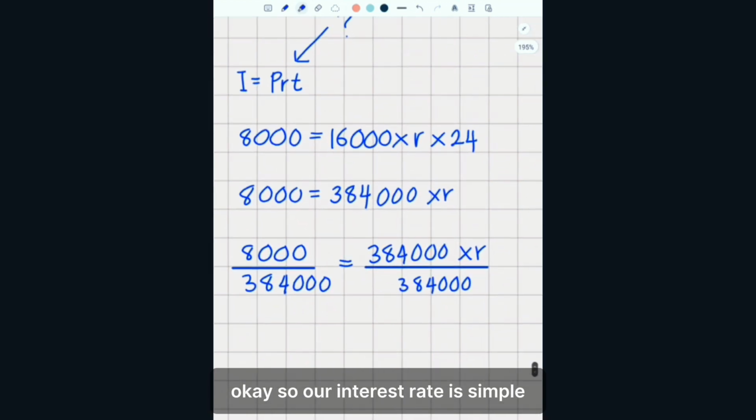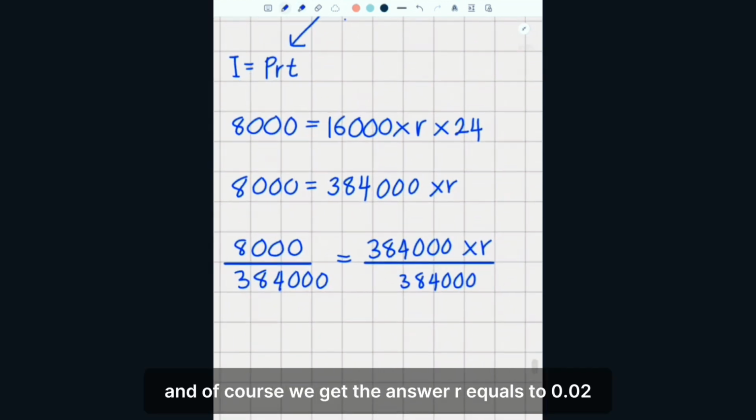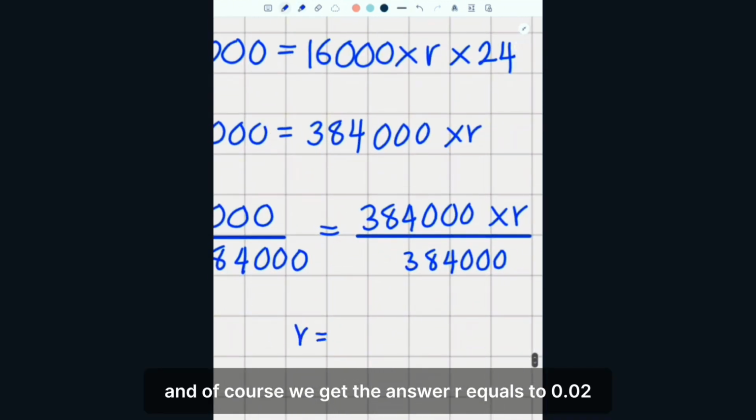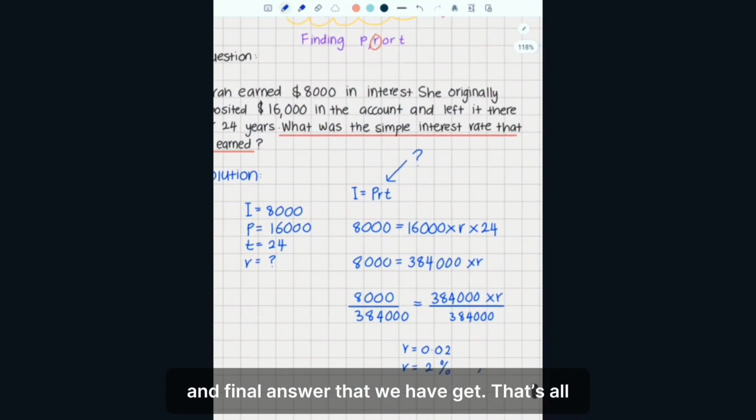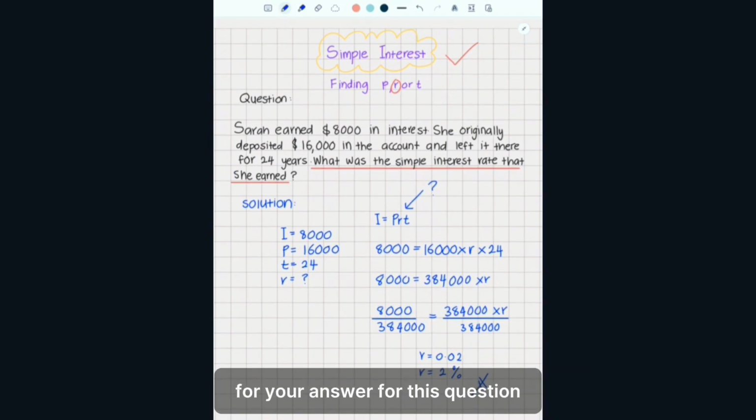Okay, so our interest rate is simple, and of course we get the answer R equals 0.02, which means R is 2%. And that is the final answer that we have. That's all for the answer to this question on finding the interest rate.